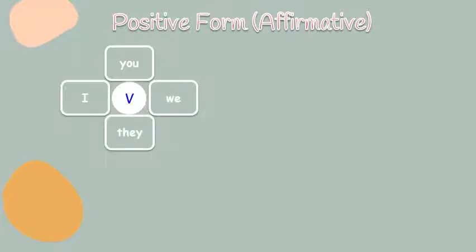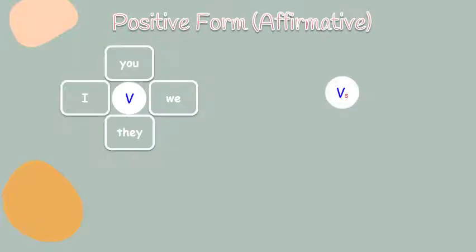When I have, for example, the subject you, or I, or we, or they, what must I do here? These subjects are considered plural subjects, so they take the verb without adding anything to it.